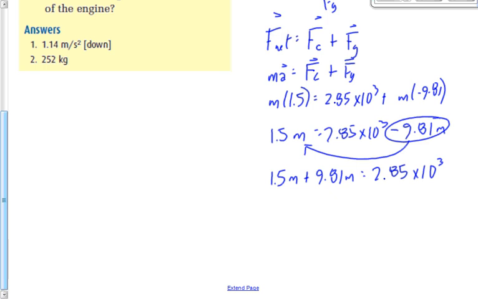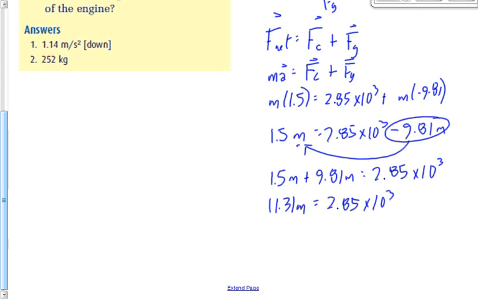What's 1.5m plus 9.81m? Add the two numbers together. We get 11.31m. It's the same as you added 1 plus 2. M's are apples. Okay, take it to the other side by adding. 1.5 apples plus 9.81 apples equals 11.31 apples.